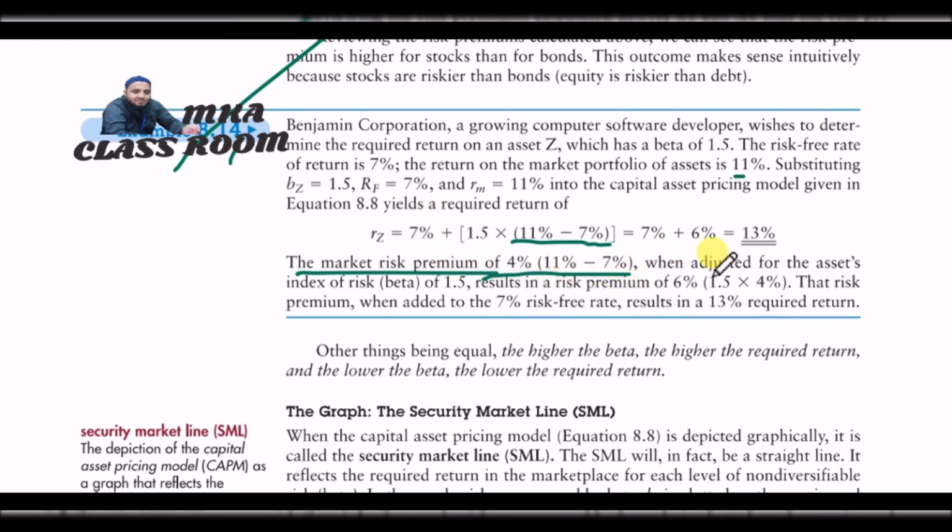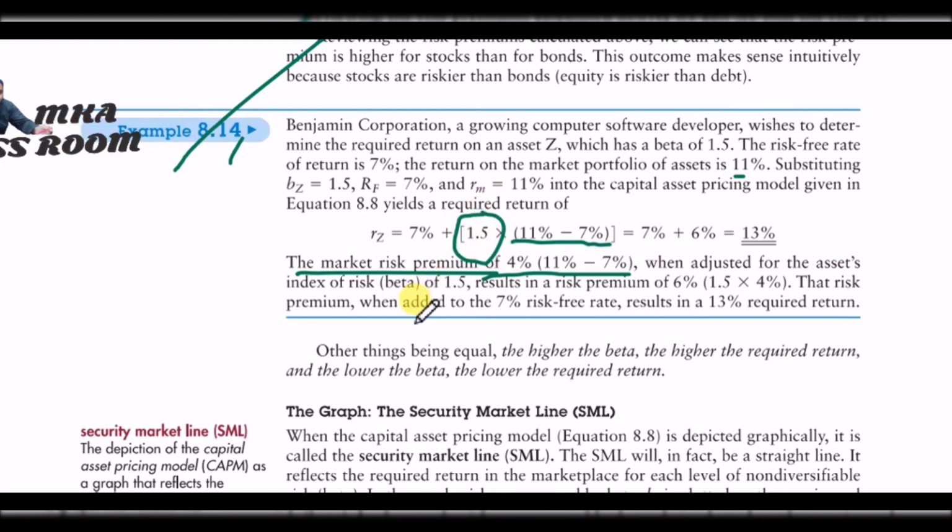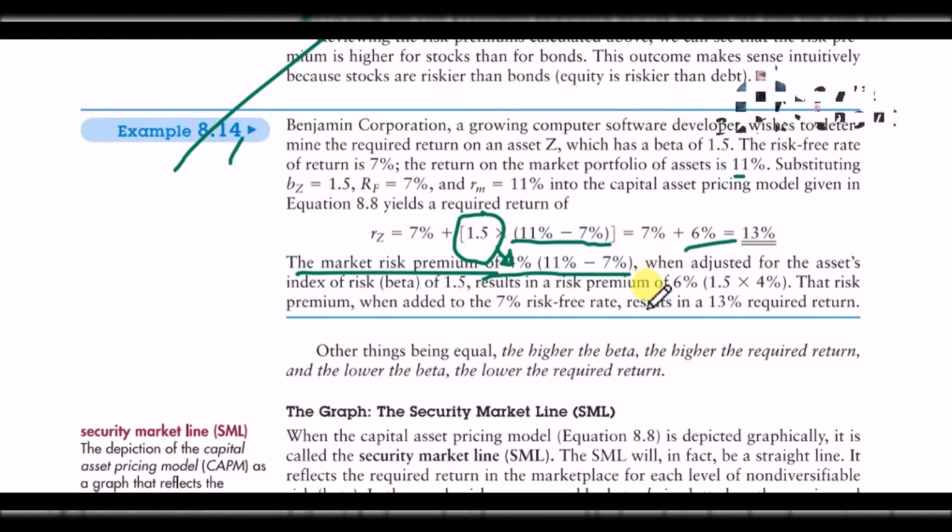That's why he adjusts for the asset's index of risk. Here the beta index is 1.5. If 1.5 is multiplied with this risk premium, the rate is 6%. So the resulting risk premium is 6%.